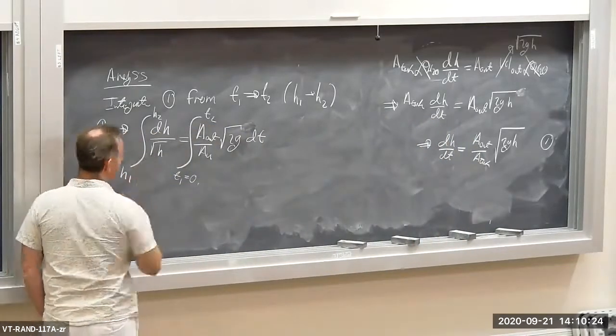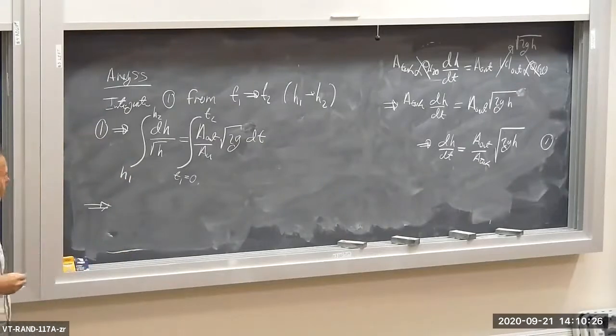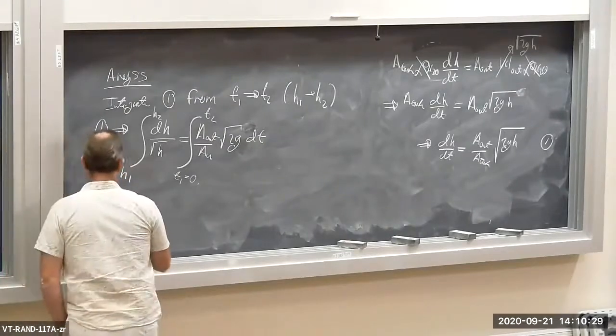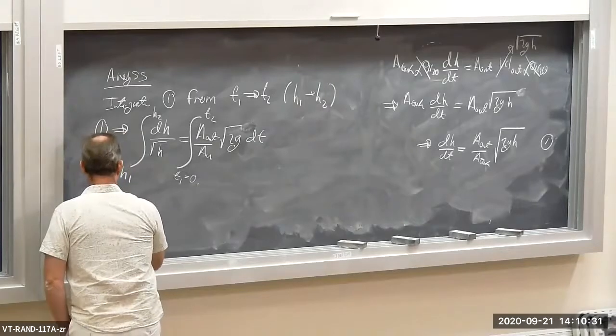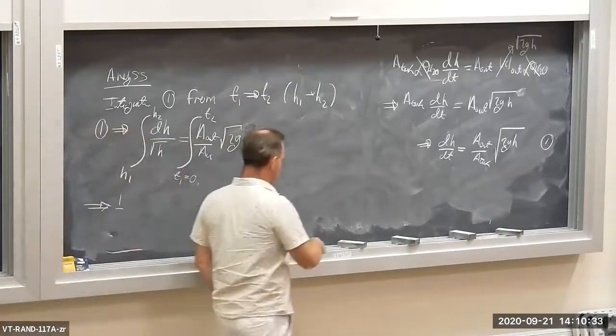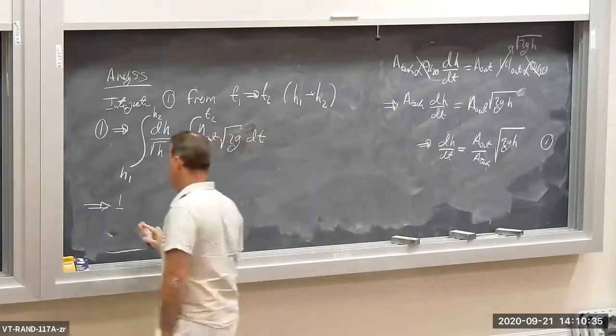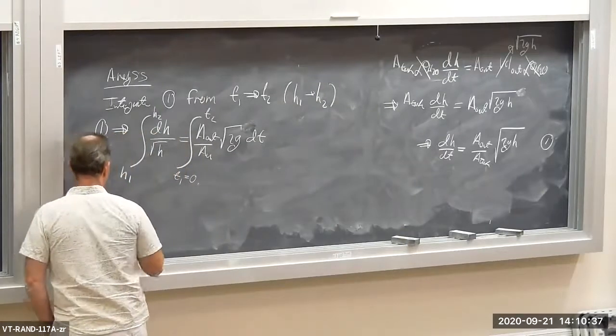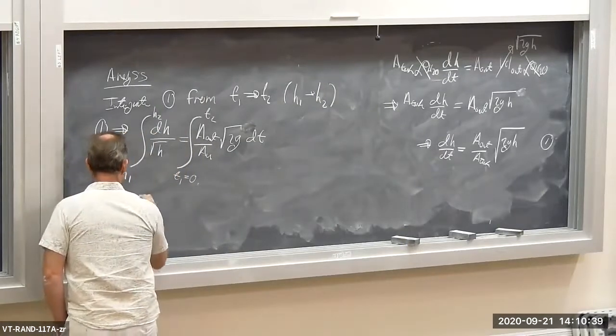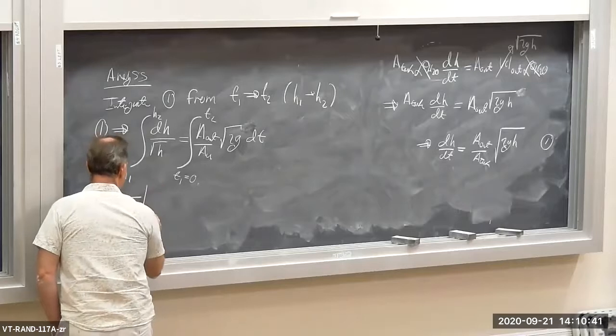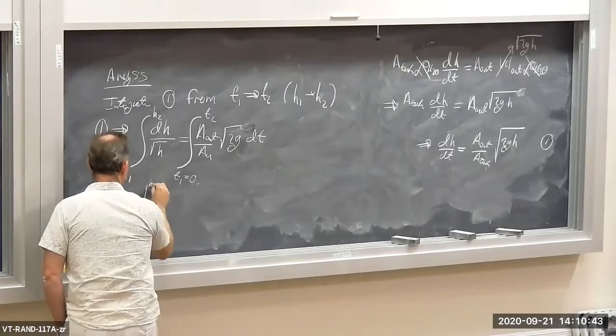Well, the antiderivative of 1 over the square root of h is 2 times the square root of h, evaluated from h1 to h2.